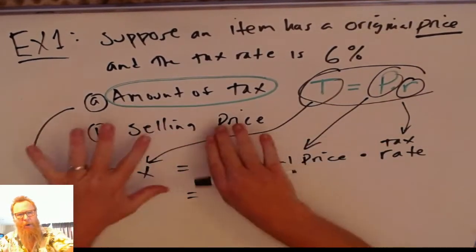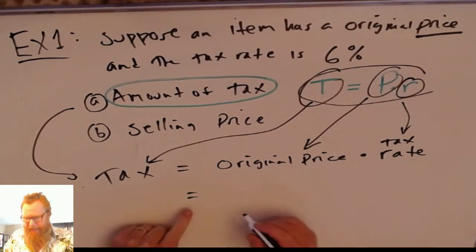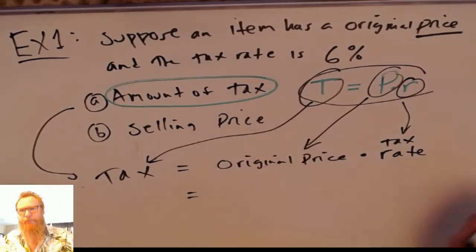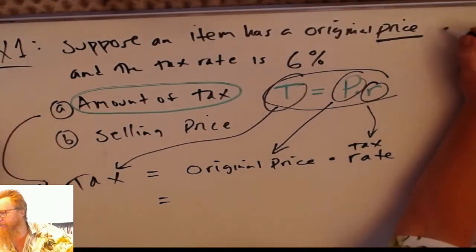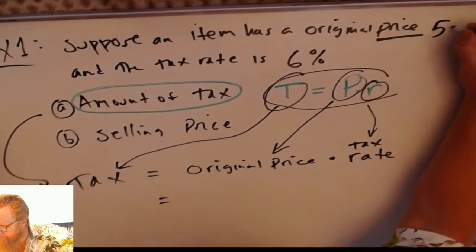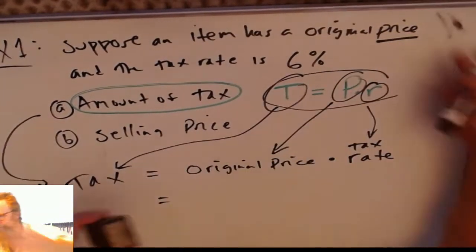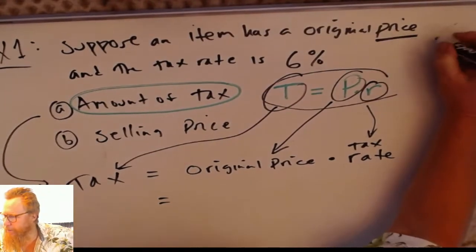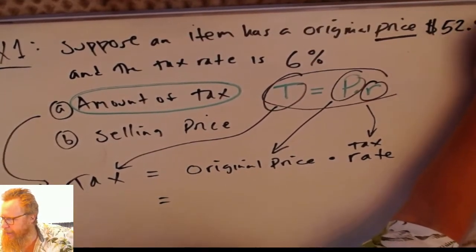I'm just doing part A for right now. So we have the original price. Oh, I said suppose an item has an original price of $52.90. I don't know why I didn't write that. I think it was over here in the corner and I just forgot to write it.